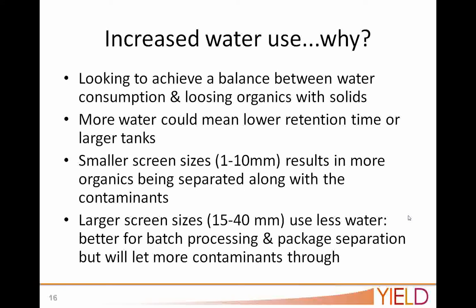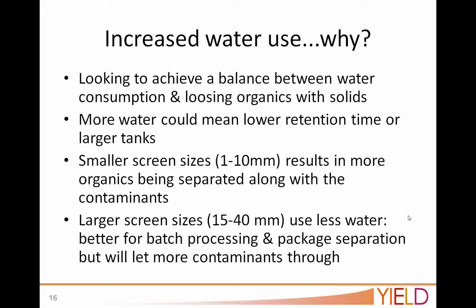There's also smaller screen sizes. Generally, whether it's a separation mill or any of these technologies, they are equipped with screens, and the concept of contaminant removal is all about density differences, increasing the density difference between the organics and the packaging, and using the equipment to separate it. Smaller screen sizes, 1 to 10 millimeters, let's say, result in more organics being separated along with the contaminants.